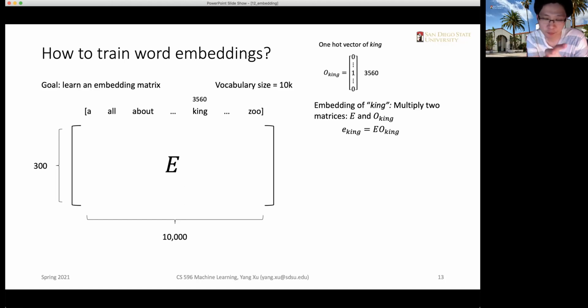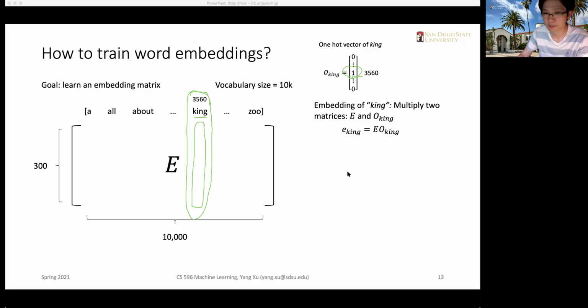If we use this matrix E and multiply it with the one-hot encoding for king, then that will extract, because there's only one 1 here, the 1 will be multiplied with this column, and this column is actually the parameters that contain the word embedding for the word king, right?